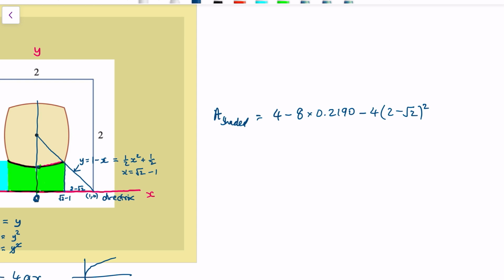It comes out to be 0.8758. Again, if you've got an updated graphics calculator, then it will give it to you in an exact format: minus 20 plus 16 root 2 all divided by 3. And that's the answer to the question.